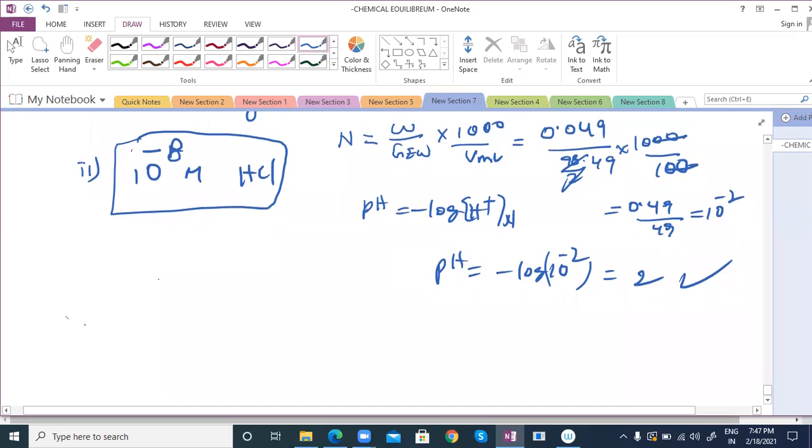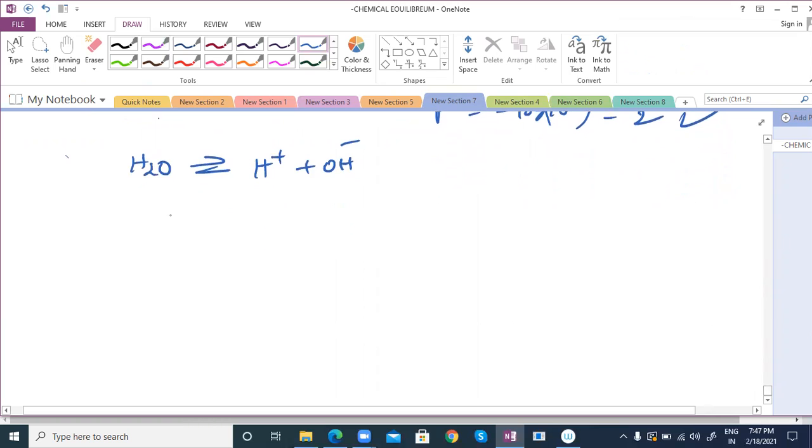Water also will dissociate at 25 degrees centigrade, giving H plus and OH minus. So what is the concentration of H plus at 25 degrees centigrade? 10 power minus 7. Very good. Same, the HCl they have given also dissociates to H plus and Cl minus.